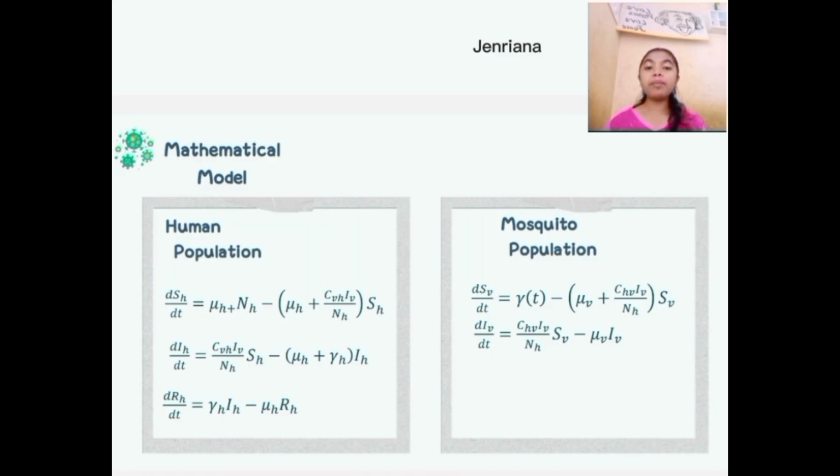This is the key part of our model because this function represents the influence of seasonal factors. So it allows us to show how the mosquito population grows or decreases depending on the season, like during the rainy or dry seasons. This makes our model much more realistic and accurate in describing the actual condition in the field.